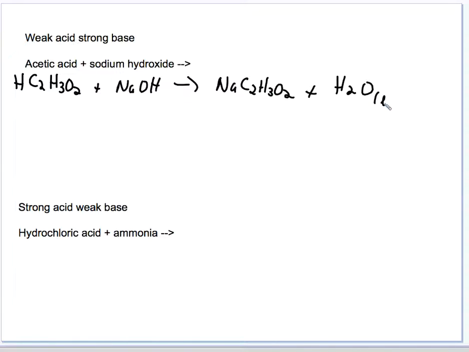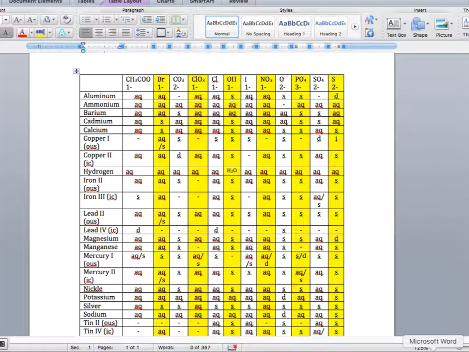We know that the water is a liquid, and we're assuming that these things over here were aqueous. And this sodium acetate, if we look it up, you will see that it is aqueous, I'm pretty sure. Okay, so you can see most acetates are aqueous.